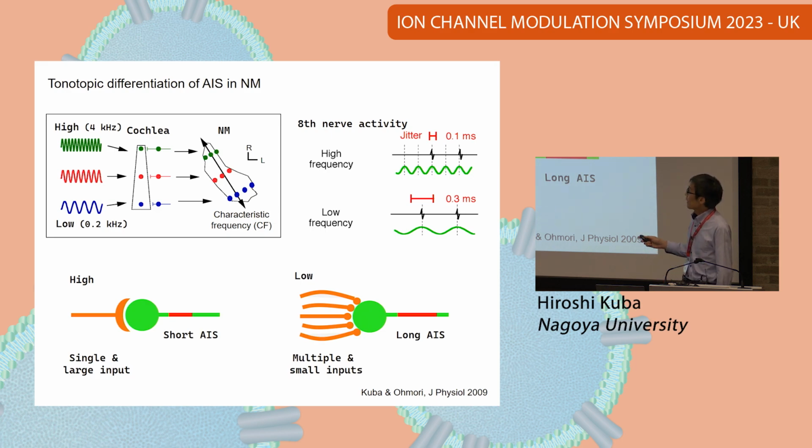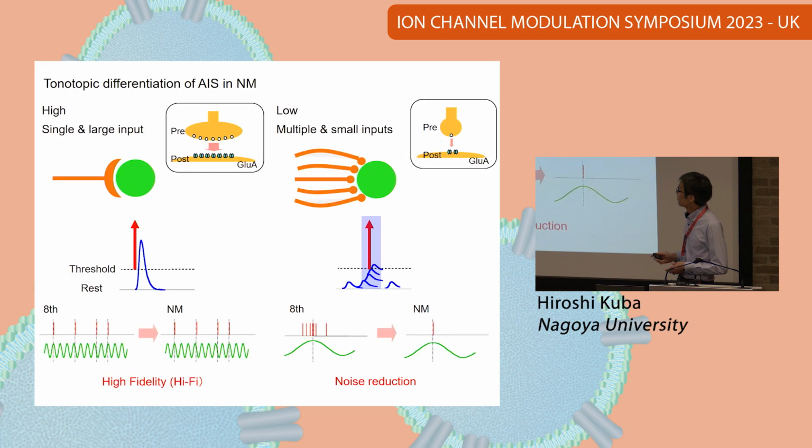We have shown that NM neurons differ in the length of the AIS along this tonotopic axis, with the length becoming shorter as the tuning frequency of neurons becomes higher. This is an adaptation to the patterns of synaptic inputs at each frequency.